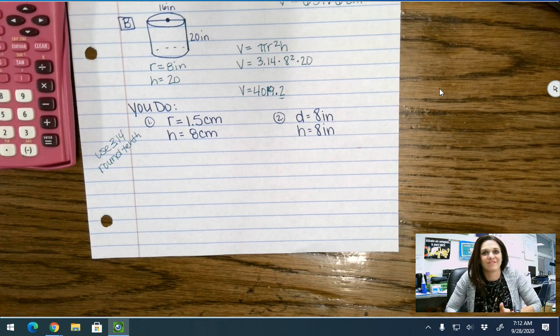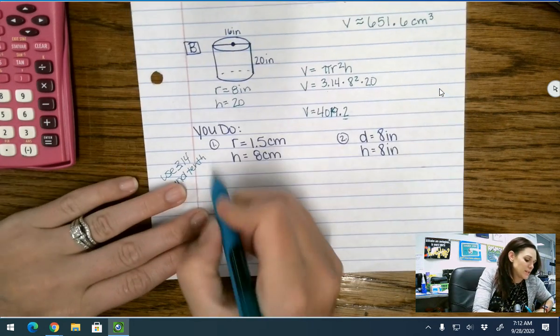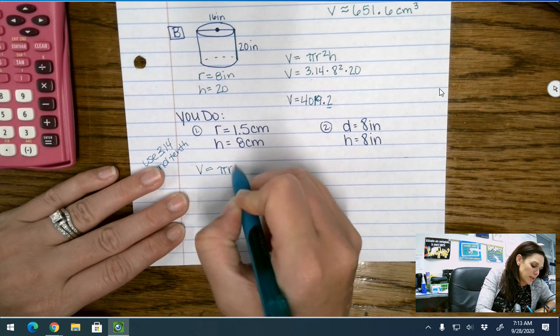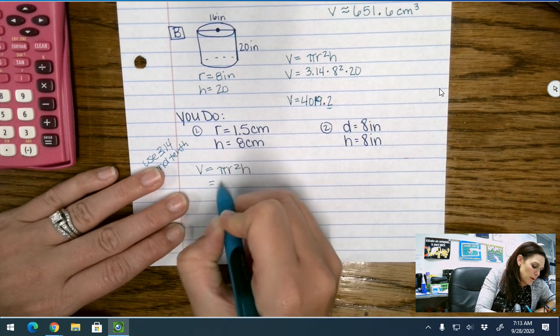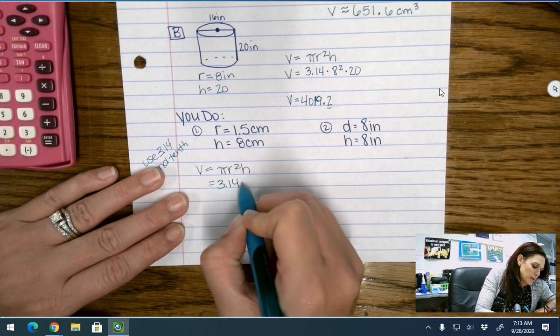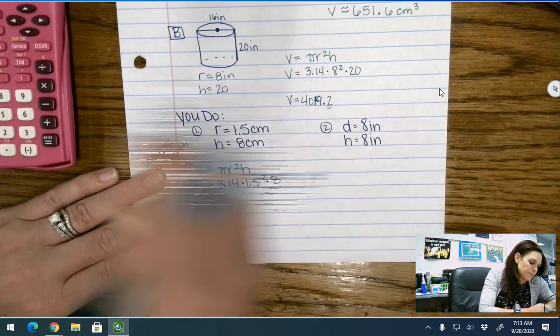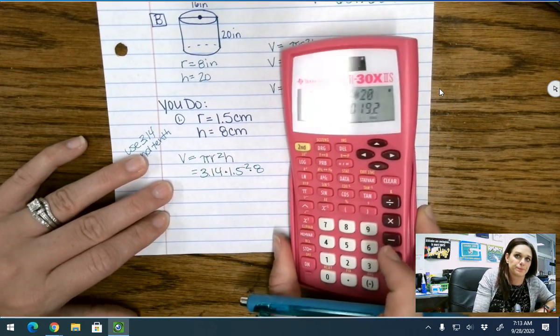All right, let's check our work. All right, so we should have had volume equals pi radius squared times height. So 3.14 times 1.5 squared times 8. Handy dandy calculator.